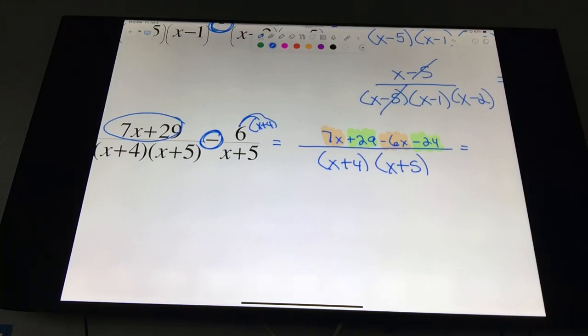So when I add 7 minus 6, that gives me 1x. 29 minus 24, positive 5. So add, factor, which I cannot do, and reduce, which I can do. The x plus 5's will cancel. Understood 1 left in my numerator.